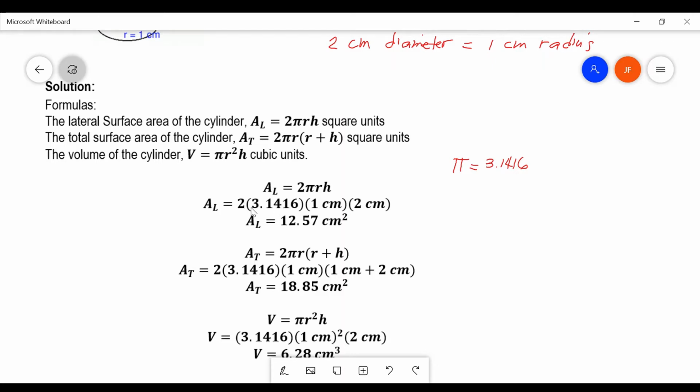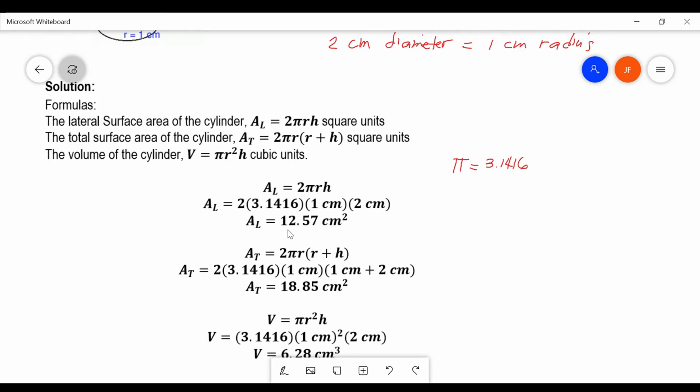So for our pi, we have this approximate value 3.1416 multiplied by the radius 1 centimeter times the height 2 centimeters. And then by calculation, we have this lateral surface area equal to 12.57 centimeters square.